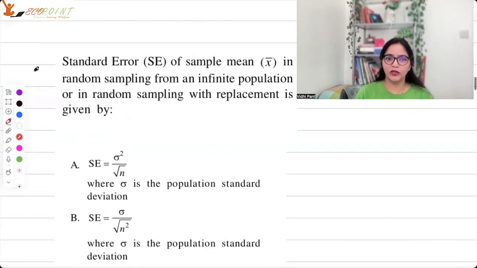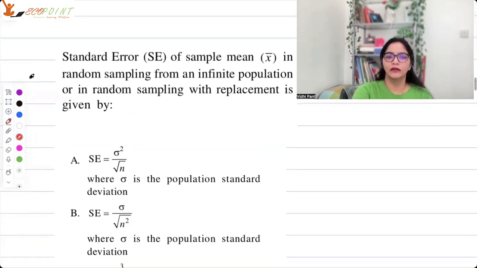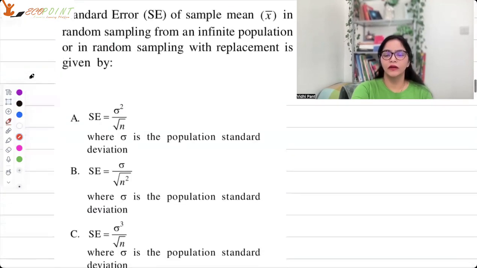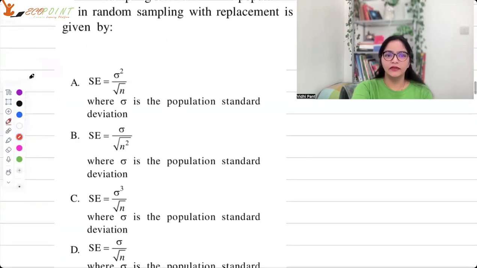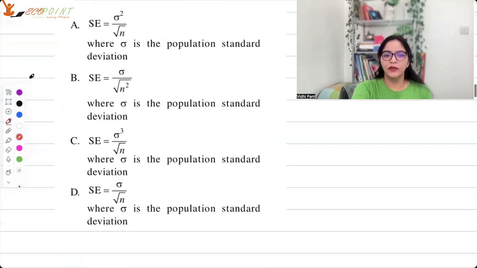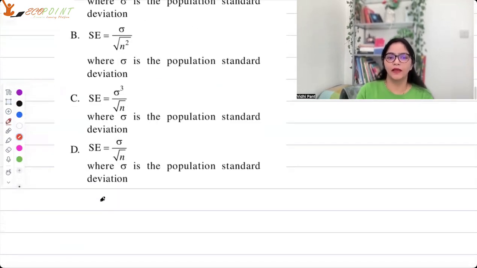The next quick question: standard error of sample mean X bar in random sampling from an infinite population or in random sampling with replacement is given by. So standard error is basically the standard deviation of the random variable X bar, that is the sampling distribution, right?